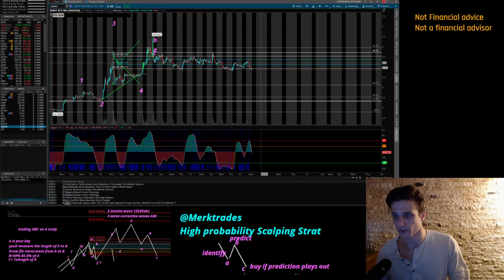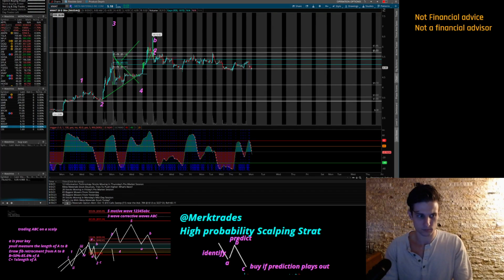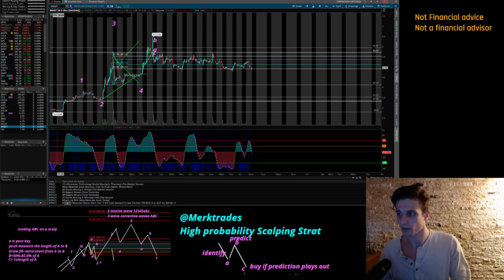And our bearish pivots are 5.18, so 5.1, 5.3, and then all the way up at 5.73.